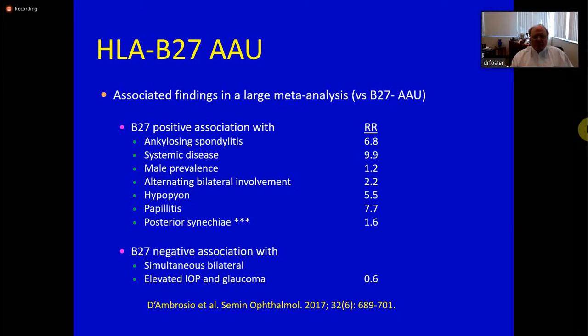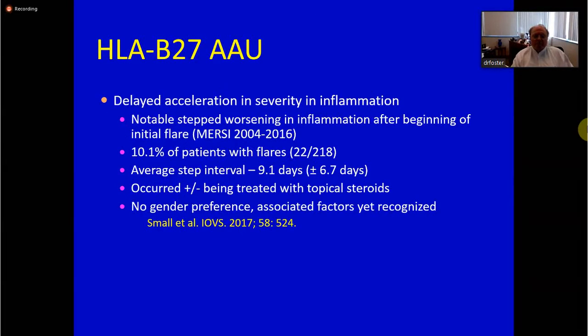Well, they are likely to have a secondary disease. Ankylosing spondylitis is the most common, but they're also likely to develop complications like posterior synechiae and end up with bilateral disease.